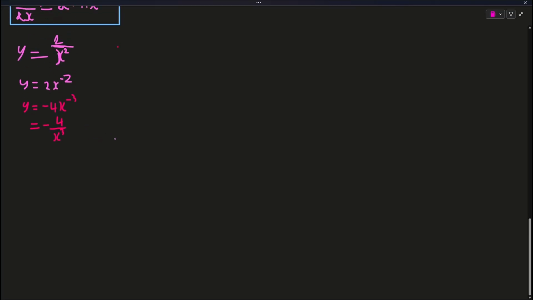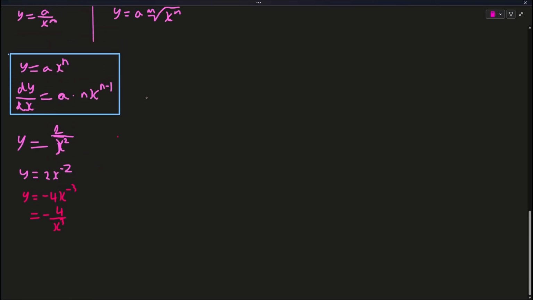So now let's say we had one of the other examples. Let's say we had y is equal to 3 times by the 5th root of x to the power of 8, right?